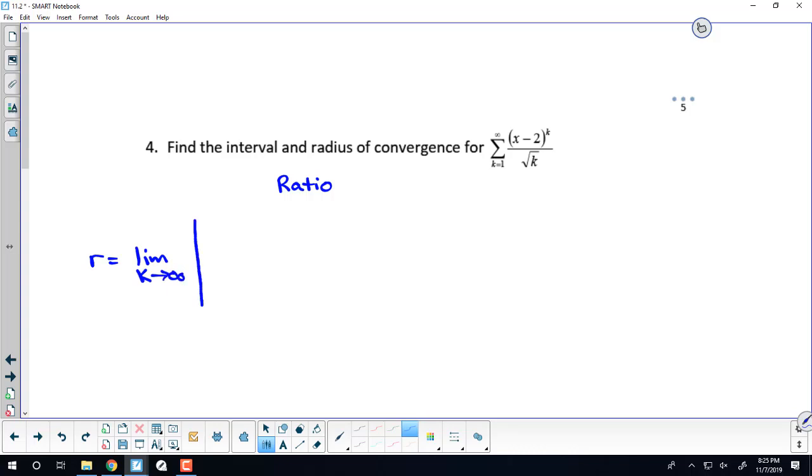To the absolute value, maybe we should write out our terms here.